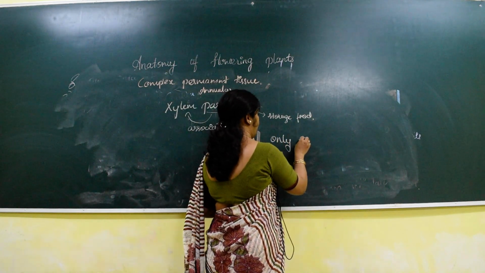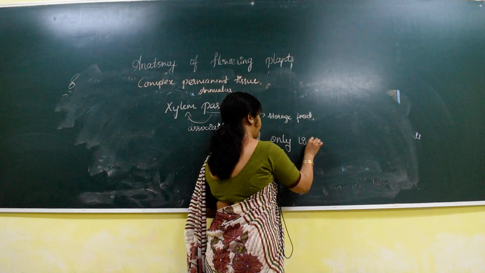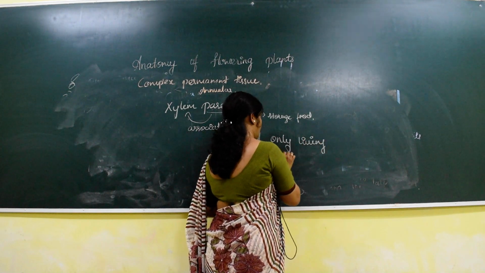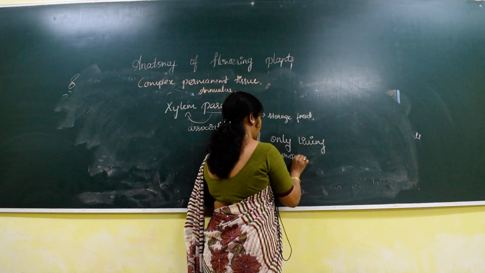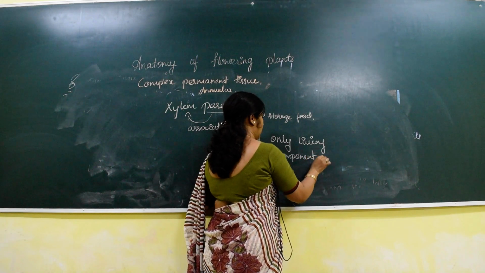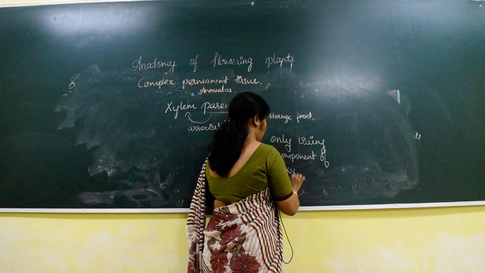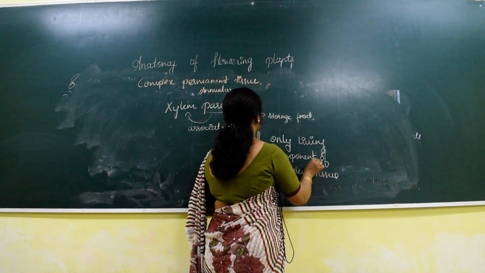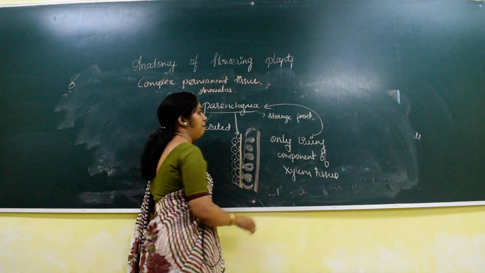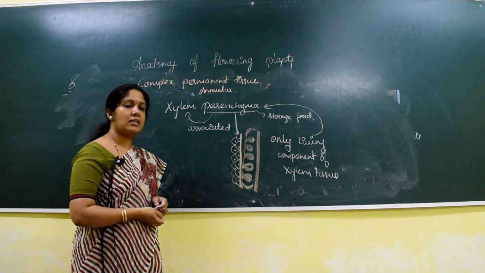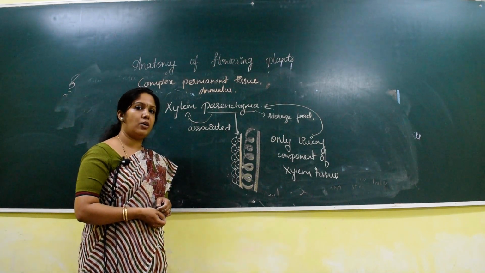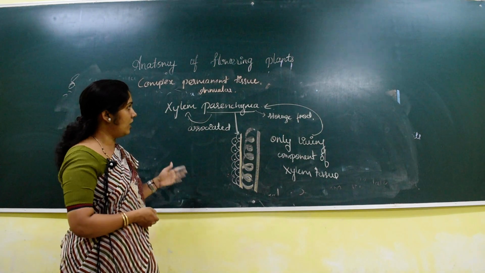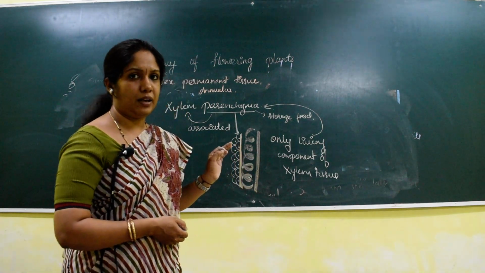The only living component of xylem tissue is xylem parenchyma. For 1 mark they may ask a question: name the living component of xylem tissue. For that you have to write xylem parenchyma. Understood?